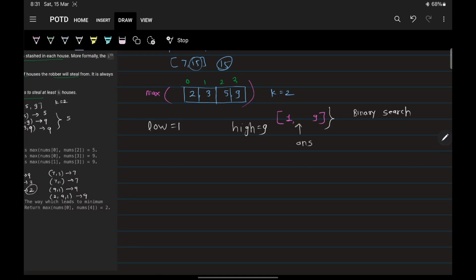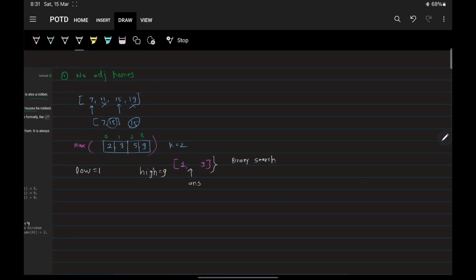What is my high? High is 9. And I will have a function which will return true if it is possible to rob the houses while stealing at least k houses. Each possible function will return true or false.